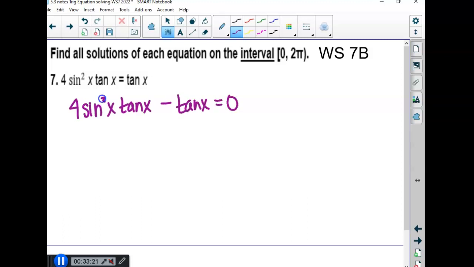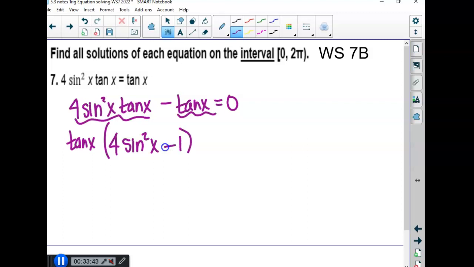What can I take out of both of those? Tangent of x. What will that leave here and here? 4 sine squared of x. Is that it? Minus 1.